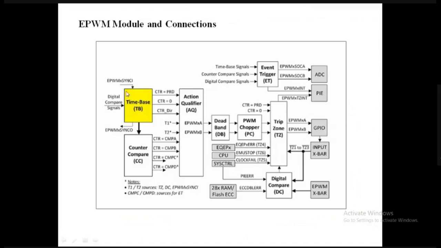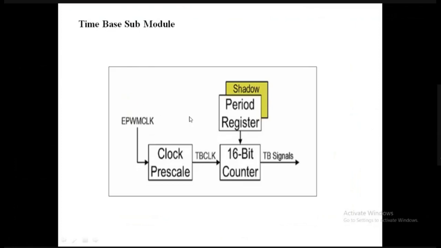This time-based module has its own counter, a 16-bit counter. What 16-bit counter means is it will count integer values from 0 up to 2 to the power 16, so you can store any integer in that register in that range.